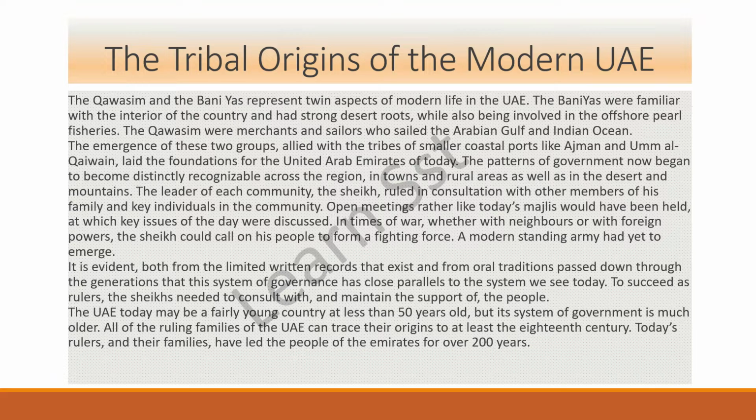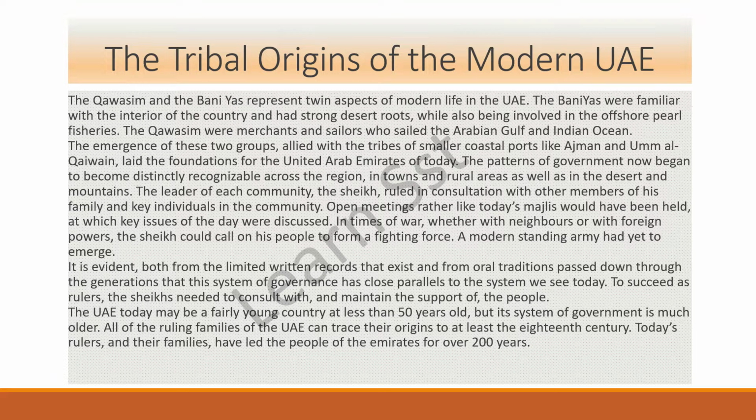It's almost the same today also. The UAE today may be a fairly young country, less than 50 years old, but its system of governance is very much older. All the ruling families of the UAE can trace their origins at least to the 18th century. So today's rulers and their families have led the people of the Emirates for over 200 years.